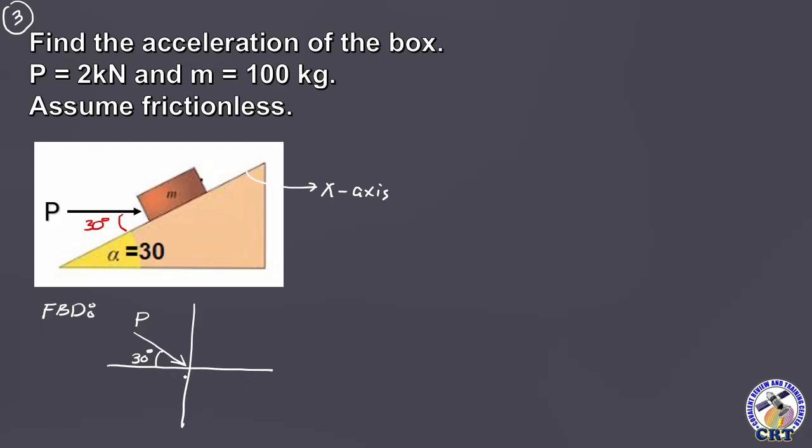While the effect of weight is here in the third quadrant. This is the weight. Again, this weight is equivalent to mg. This is 100 times 9.8, equivalent to 980 newtons. The given angle is 30 degrees, but we will be using the angle here, 60 degrees. Okay, so let me redraw the free body diagram.